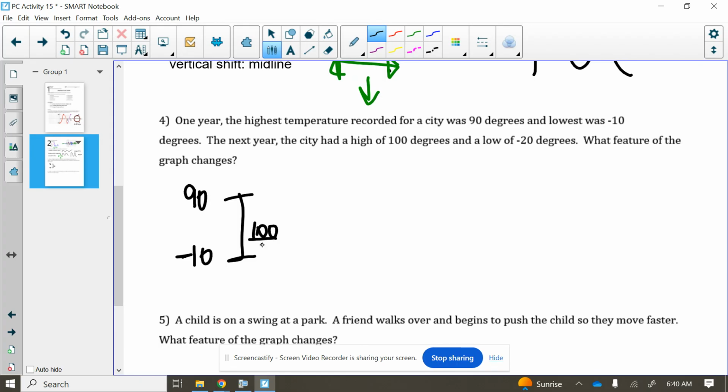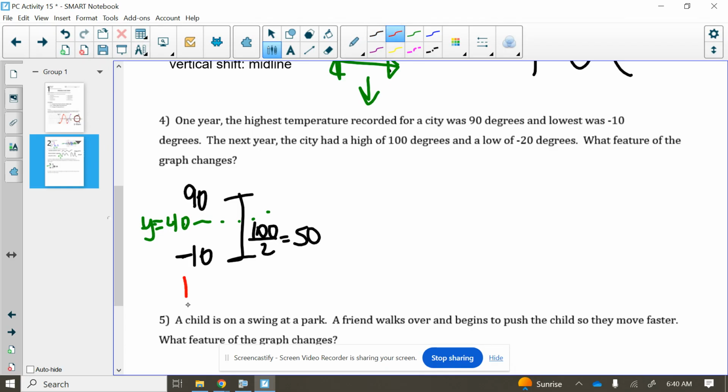So the amplitude would be 50. Midline would be halfway between. If we took the average of these two, 90 plus -10 divided by 2, the midline would be y equals 40. So 50 would be our amplitude. So that's some things of the first graph.